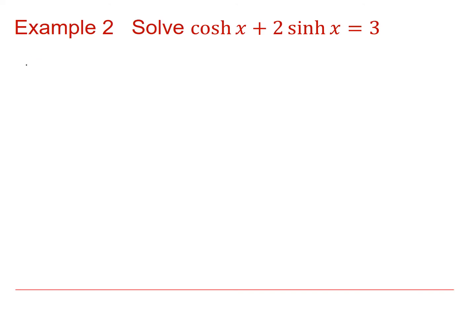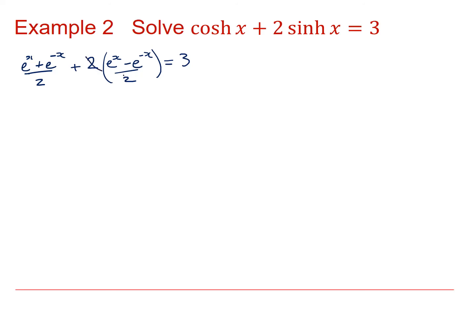Let's look at this one. Similar technique. Cosh x is e to the x plus e to the minus x over 2. And that's plus two lots of sinh x, which is e to the x minus e to the minus x over 2. And that's equal to 3.